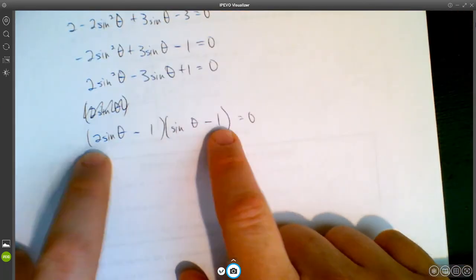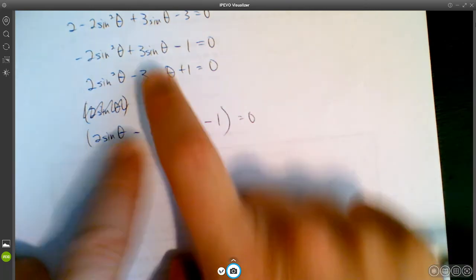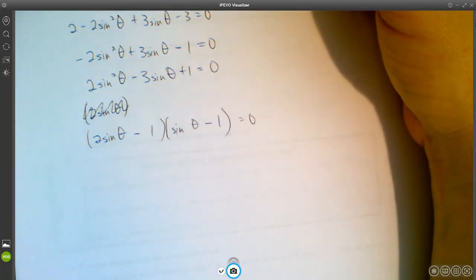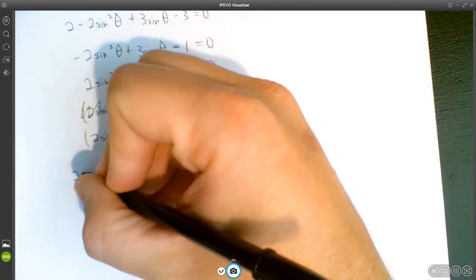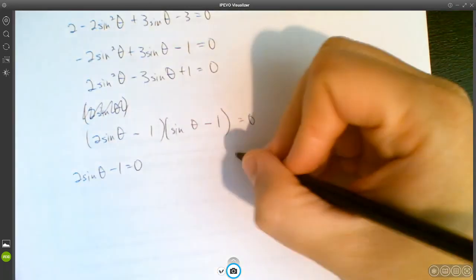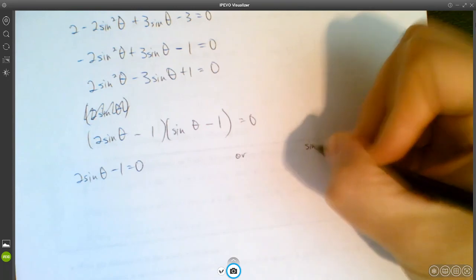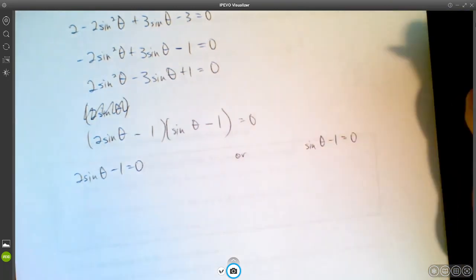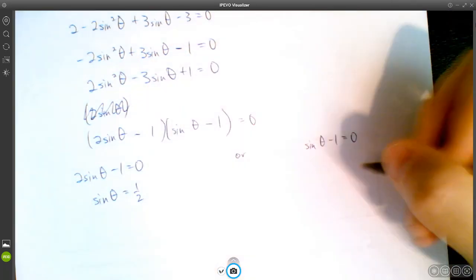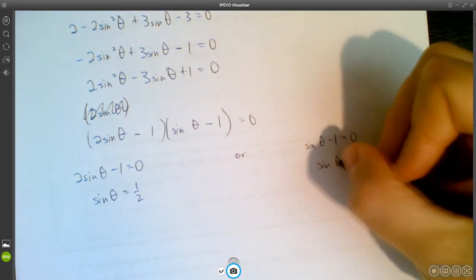Oh, I think so, right? -2 sine theta minus sine theta is a -3 sine theta. So there we go. So now we're going to get 2 sine theta minus 1 equals 0, or sine theta minus 1 equals 0. So sine theta is 1/2, or sine theta equals 1.